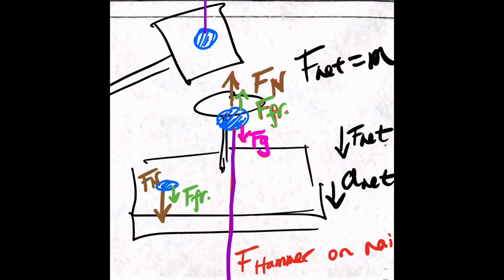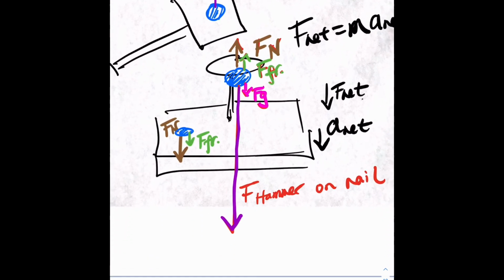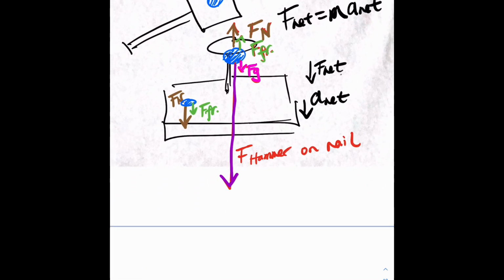So what we're saying is the Earth pulls the nail downwards with force gravity. Therefore, and this one's kind of crazy, but it's true, the nail pulls the Earth upwards. And that's on the Earth.